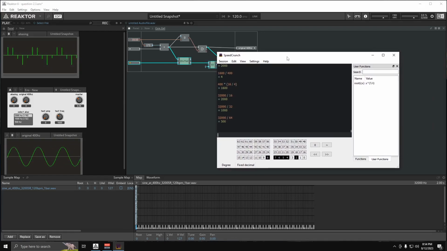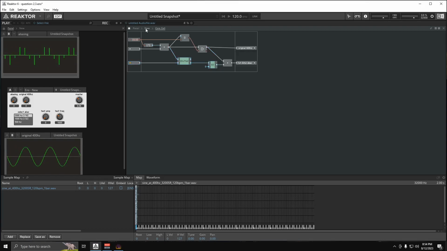So if I take the 32,000 sample rate divided by 16, that gives me 2,000. So I'm reducing it by 2 kilohertz, like the book said.